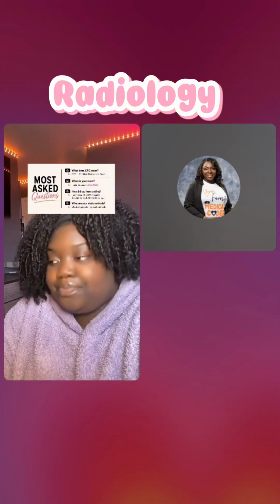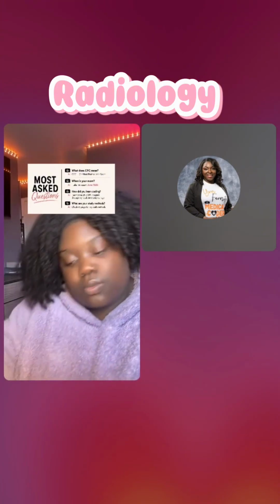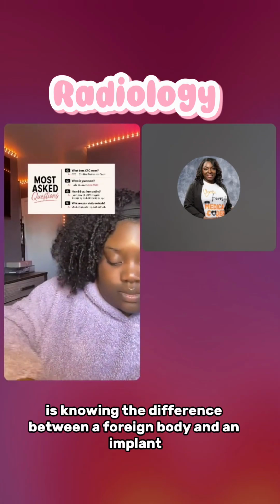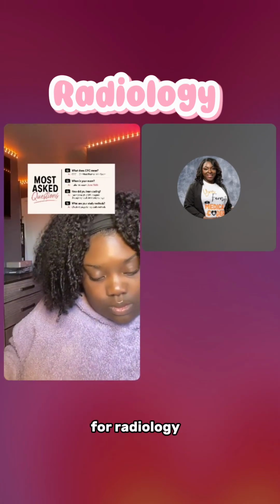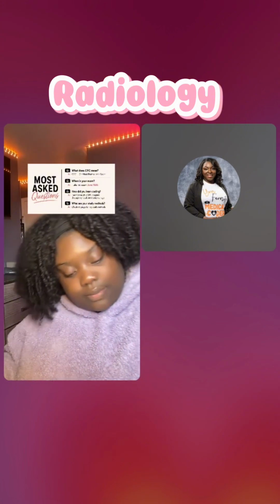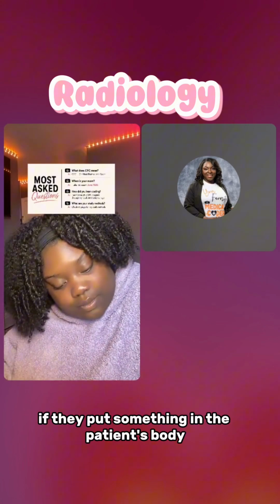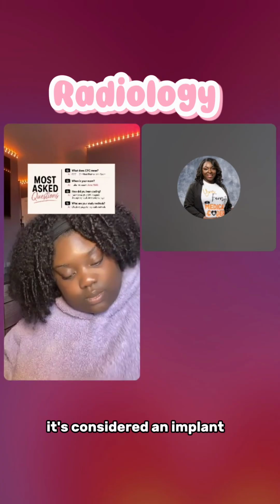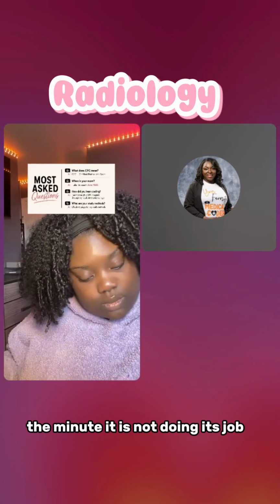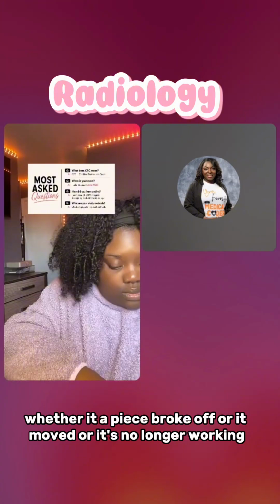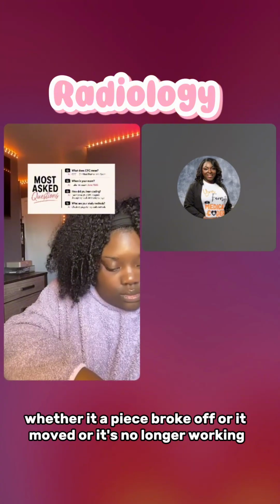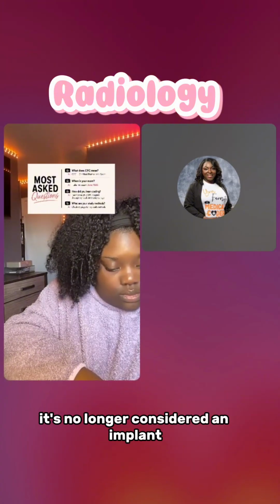Also on that same page, the last thing is knowing the difference between a foreign body and an implant for radiology. If they put something in the patient's body and it is working successfully, it's considered an implant. The minute it is not doing its job, it's considered a foreign body. Whether a piece broke off or it moved or it's no longer working, it's no longer considered an implant.